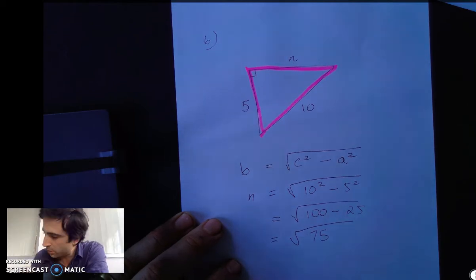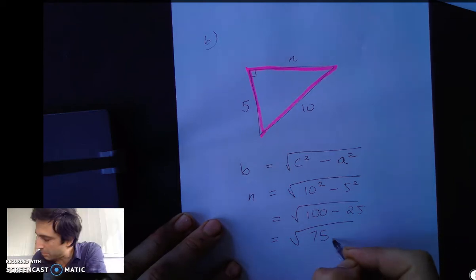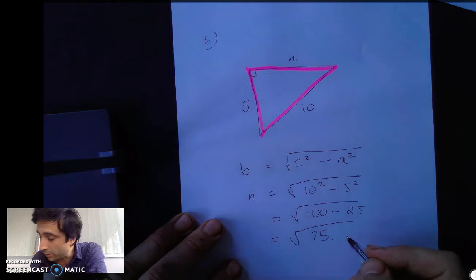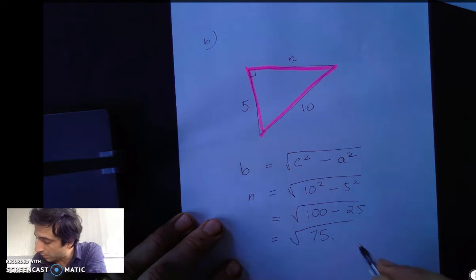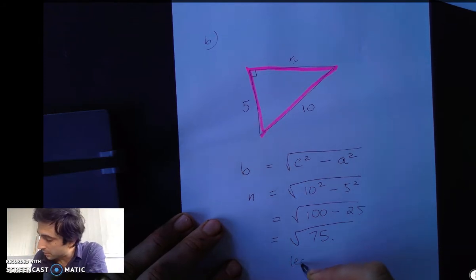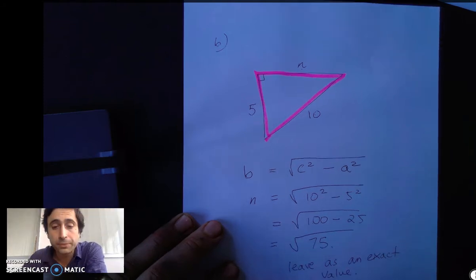What's the point of us actually turning that into a decimal and then rounding it off? It's much easier to just leave it as an exact value. In other words, a surd.